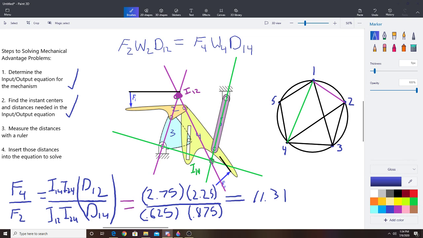So the point is that I'm more looking for you to have these exact steps written out, this equation, and these instant centers located, right? The rest of this is pretty trivial.